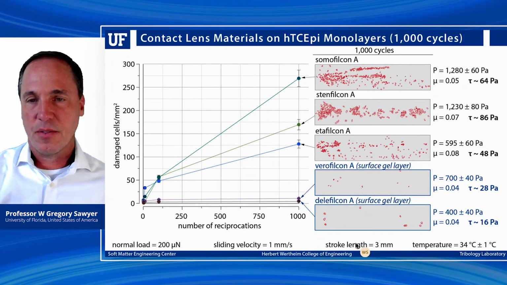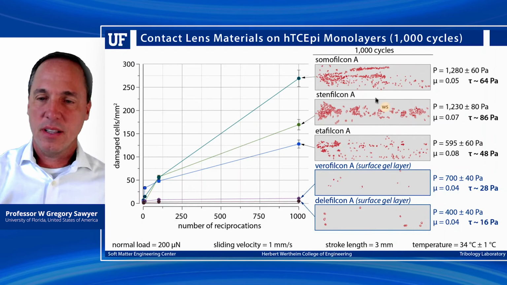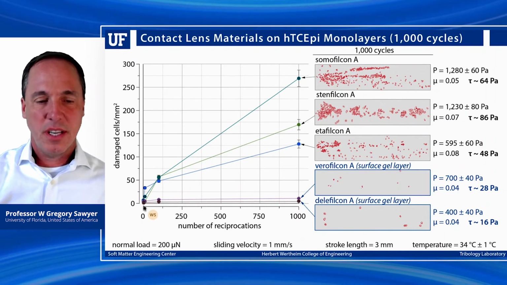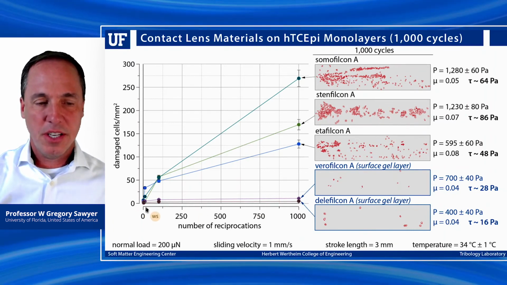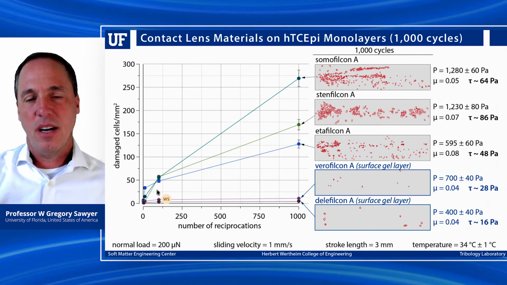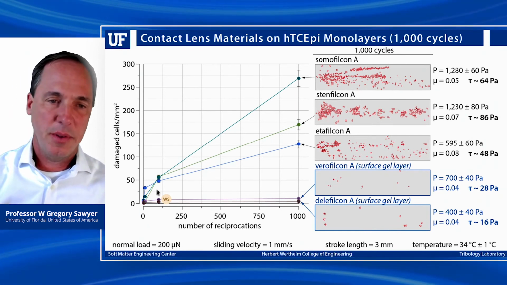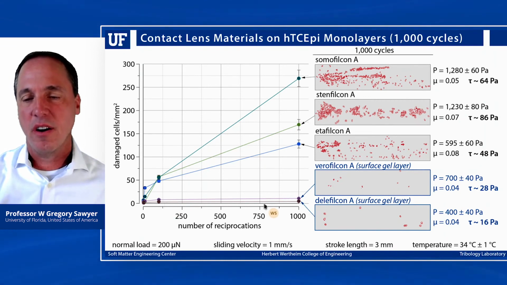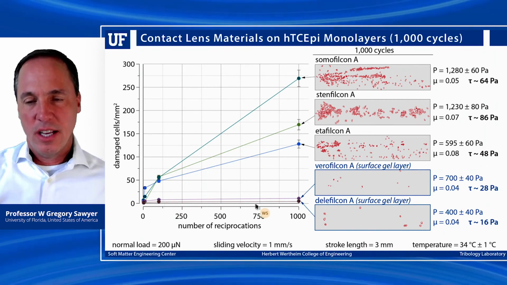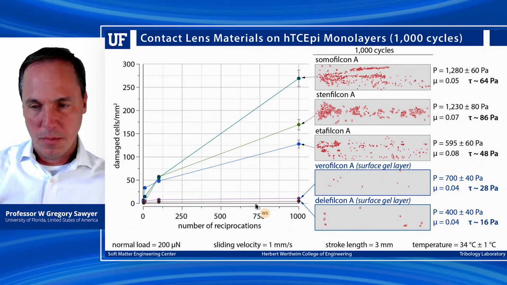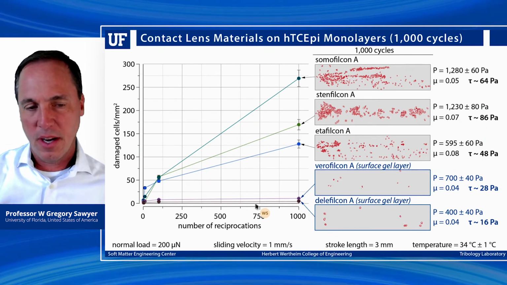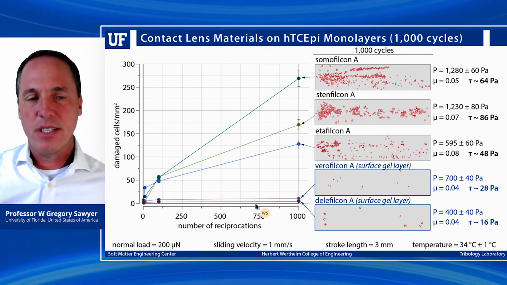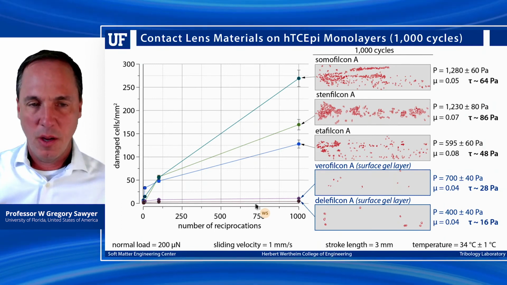And if we look at this for the lenses that we see up here without the surface gel layers, what we see is over a number of reciprocations, basically a monotonically increasing amount of damage over time. In contrast, what we see here for the ones with gel layers is certainly a measurable but slight increase over the normal apoptotic process, but it appears to be essentially flat as we look at different time points.